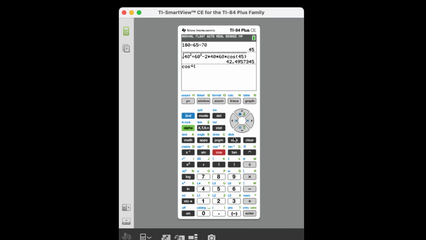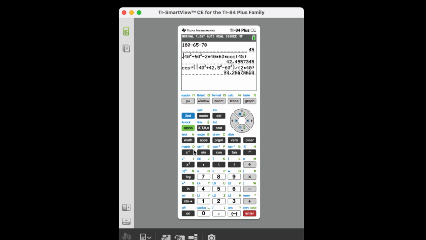Second inverse cosine, put your parentheses. 40 squared plus 42.5 squared minus, I'm sorry, not minus 2, minus 60 squared. Close that, divided by another parentheses, 2 times 40 times 42.5, and close that twice.